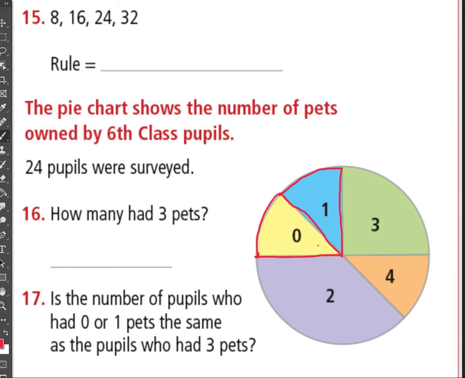If we put those two together, that's the number of pupils who had 0 or 1 pets, and they're asking, is that the same as the pupils who had 3 pets? And if we look at the pupils who had 3 pets, that's a quarter of the circle as well. So what they're really asking us is, is a quarter of the circle the same as a quarter of the circle? And of course the answer to that is yes.